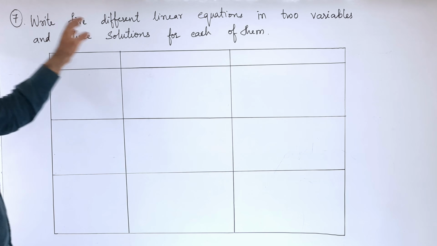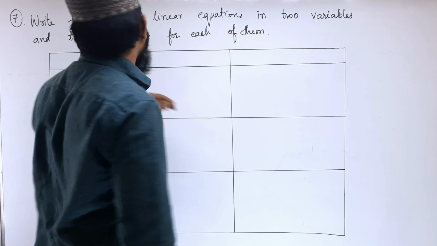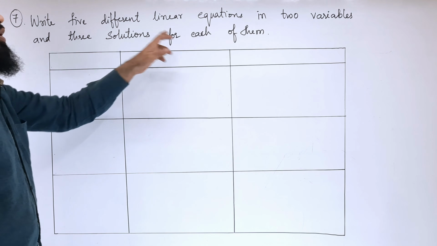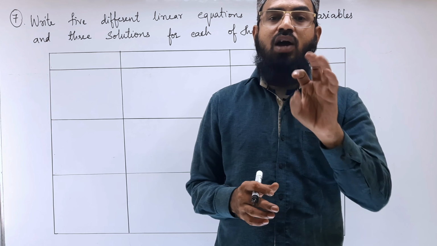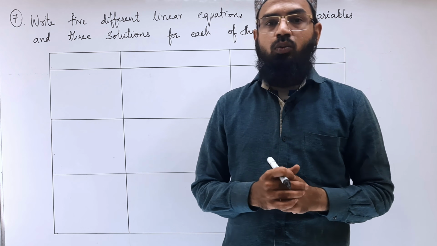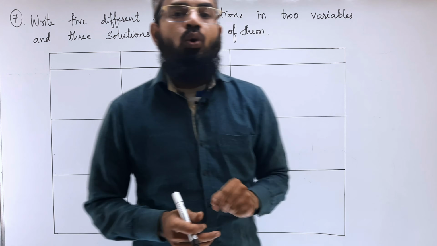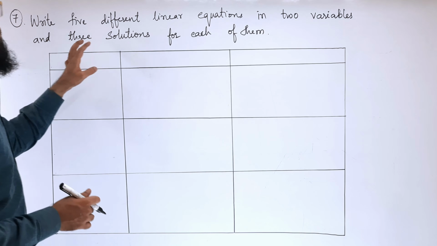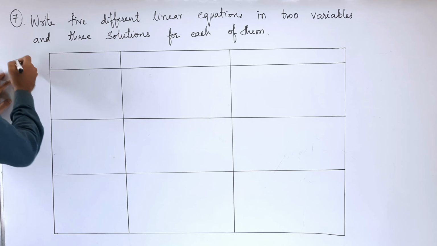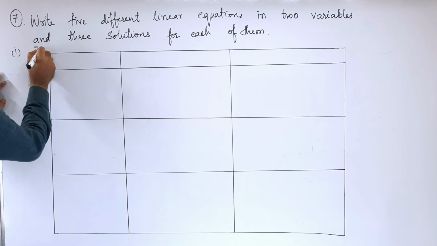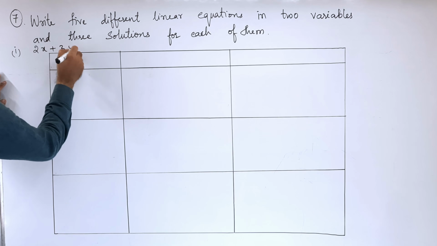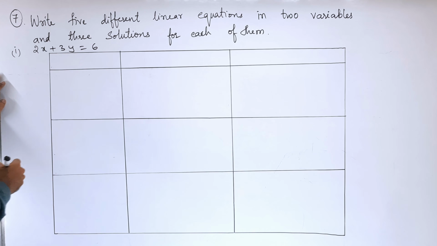Seventh problem: write 5 different linear equations in 2 variables and 3 solutions for each of them. So we have to write 5 different linear equations. For each of them, we need to find 3 solutions. So let us take, in first solution, first bit, 2x plus 3y is equals to 6.